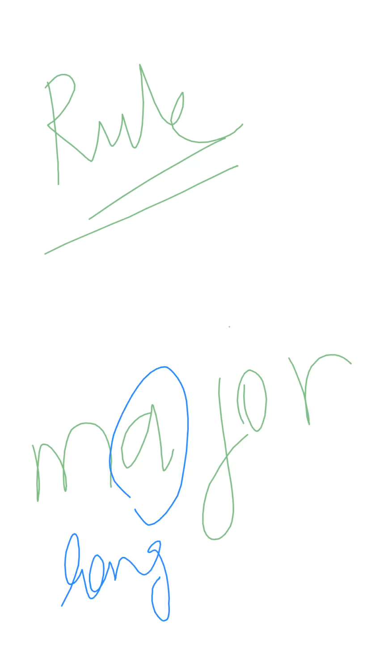Now the next rule is, if you have a word where you don't have a short vowel sound, but the vowel sound is long, then it will not take the consonant, okay?